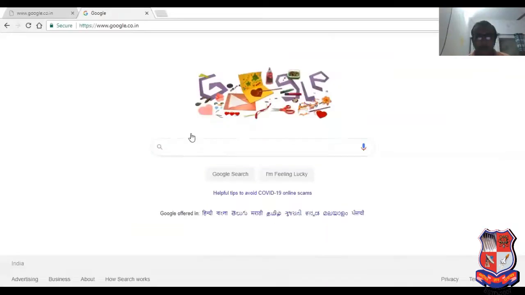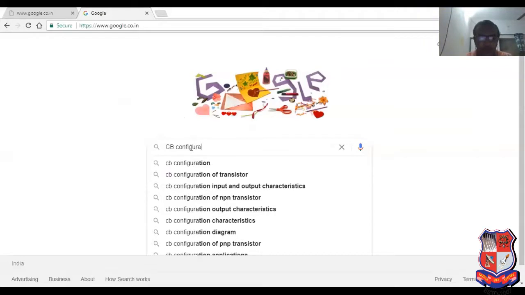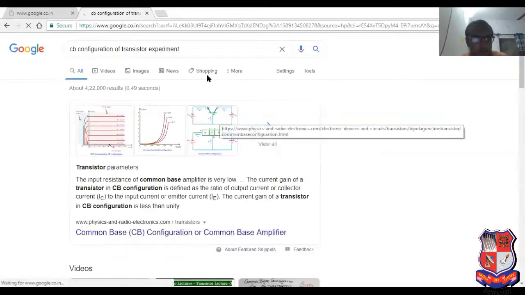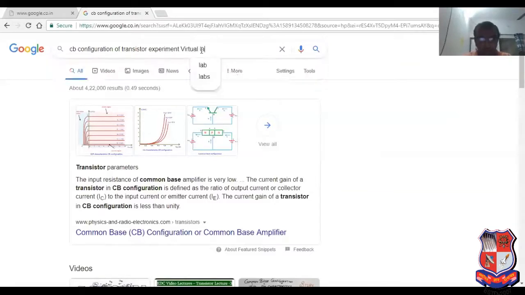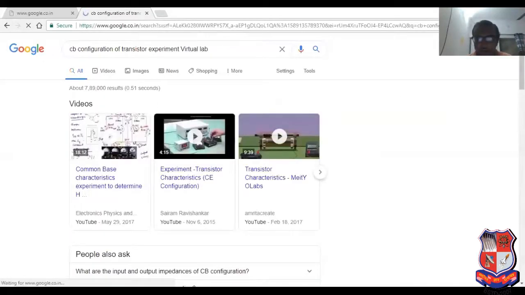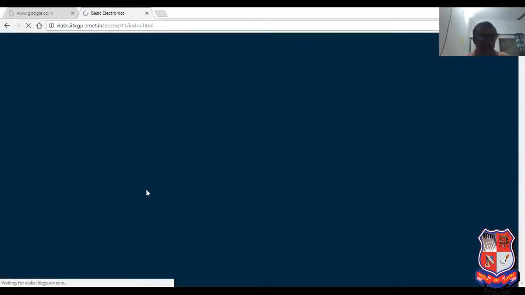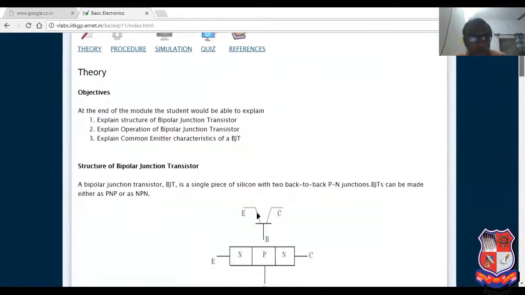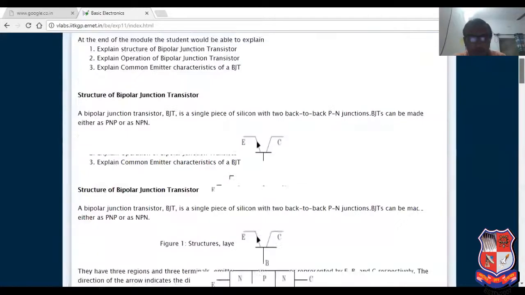See this, common base configuration of transistor experiment, virtual lab. Thanks to IIT Bombay and the IITs, we can do this type of experiment.